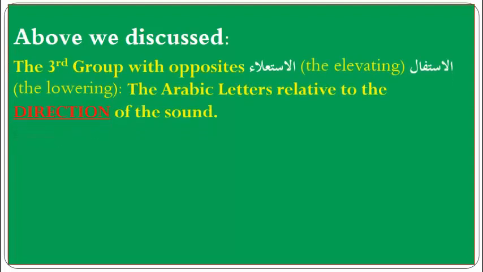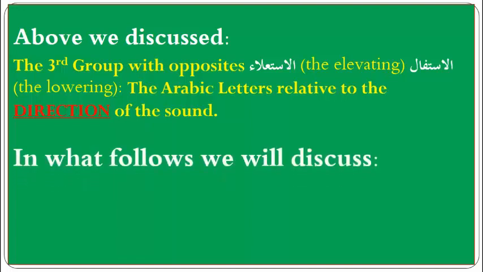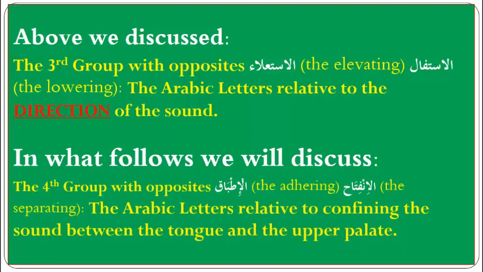In the above section, we discussed the third group with opposites, al-isti'ala, the elevating, wal-istifal, dealing with the Arabic letters relative to the direction of the sound. Inshallah, in what follows, we are going to discuss the fourth group with opposites, al-itbaq wal-infitah.